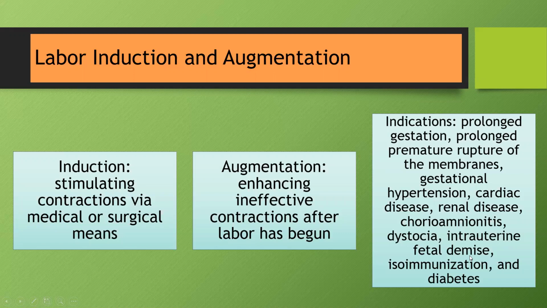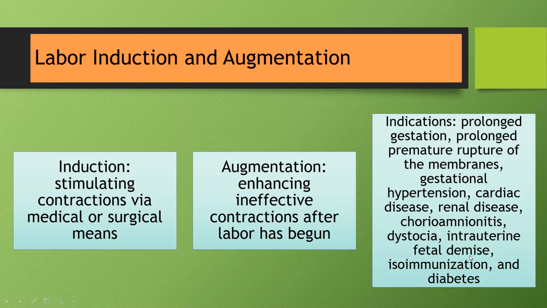Indications for both of these would be prolonged gestation, so our post-term pregnancies, prolonged rupture of membranes, gestational hypertension, cardiac disease and renal disease, infection, chorioamnionitis, dystocia, labor that's not moving along as it should, or that has stopped, intrauterine fetal demise.